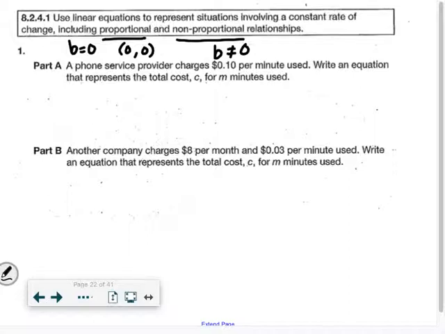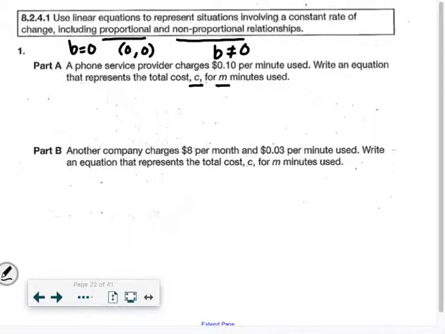So part A, we have a phone service provider that charges 10 cents per minute used. Write an equation that represents the total cost C for m minutes used. Remember, when you write an equation, you're going to need variables, or in this situation, 2 variables.